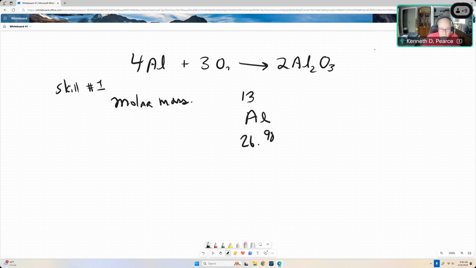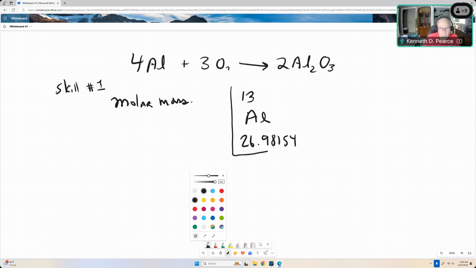Let me make that look a little better because I'm doing it on a graphical tablet. It says 26.98154. You should see this right where it says aluminum.